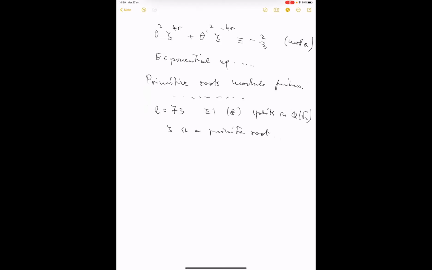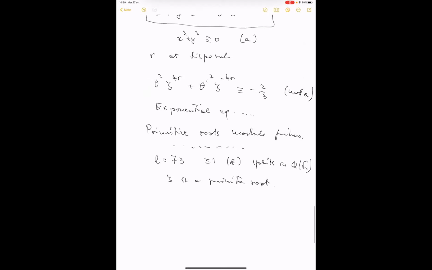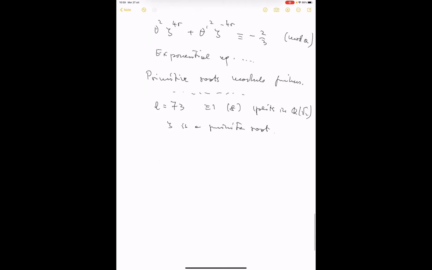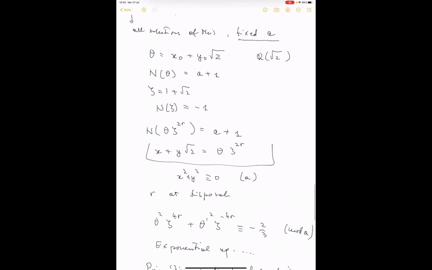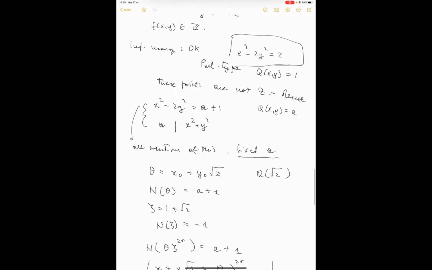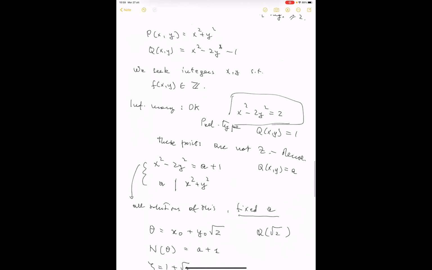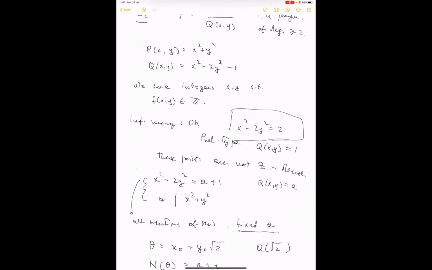And by using this fact, and zeta is a primitive root and remains a primitive root also modulo the powers of L, we can construct a among the powers of L, and we may solve the exponential equation and finally produce a Zariski dense set of integers such that the value of this rational function is integer.